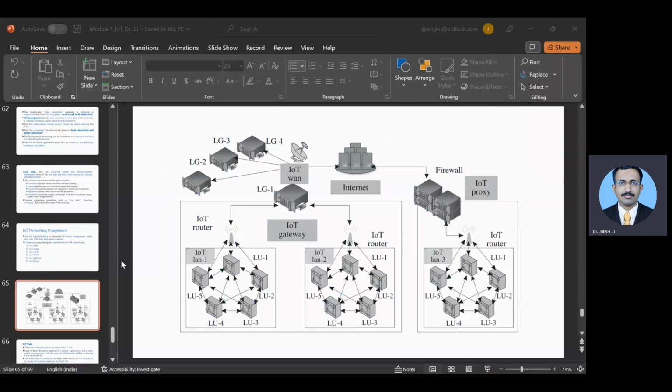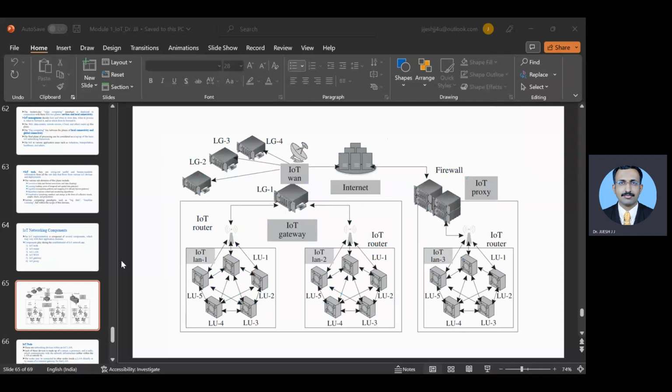That information is connected to the IoT WAN, and from there we have the internet facility, where you can transfer the information to any place. So this is one set. Like that, how many will be there? 20, isn't it? You may have plenty of gateways even connected to many IoT WANs, which are further connected to the internet.